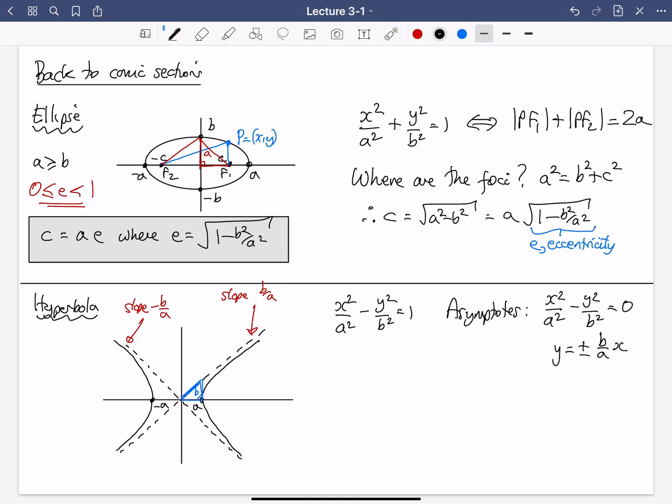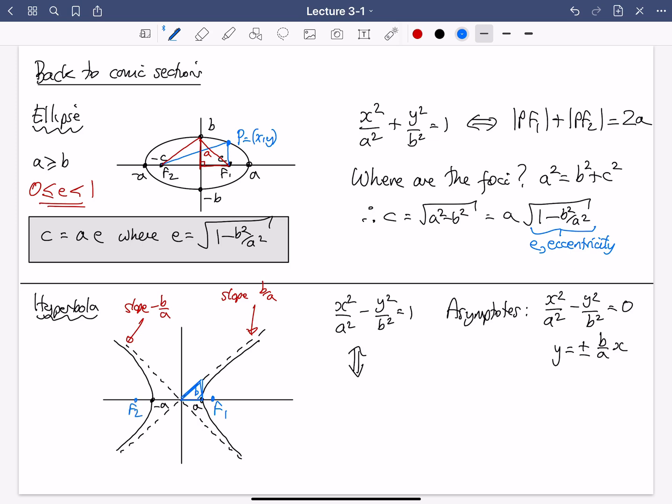Okay, good. So let me say one more thing about the hyperbola. I've given you the Cartesian equation, but it also has a nice Euclidean description. For this, there are again two foci, f1 and f2.